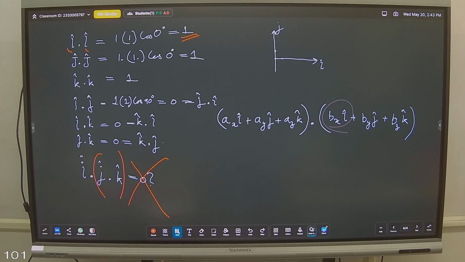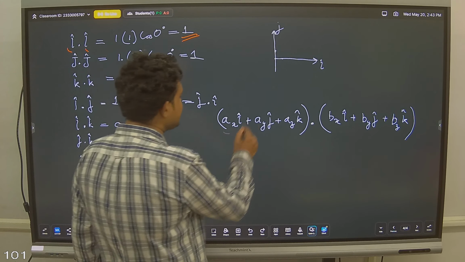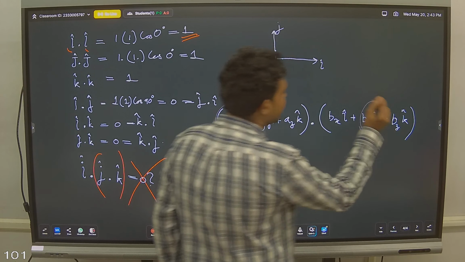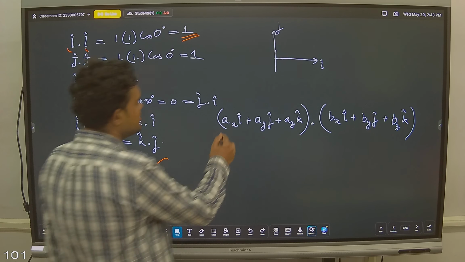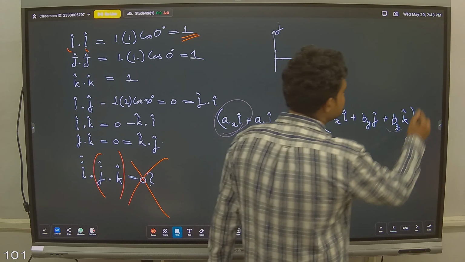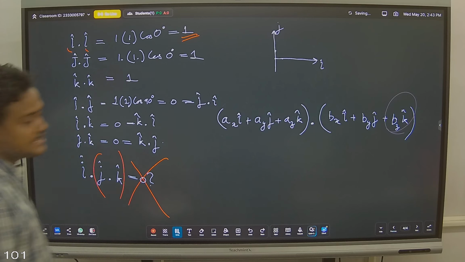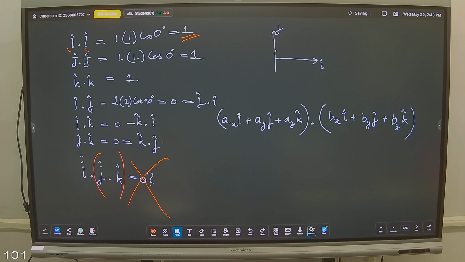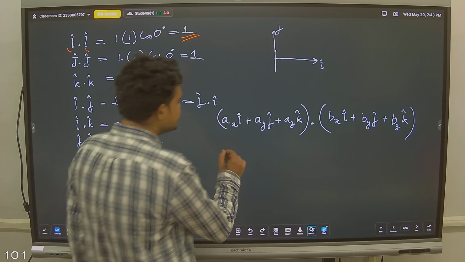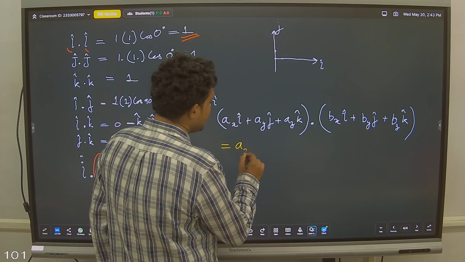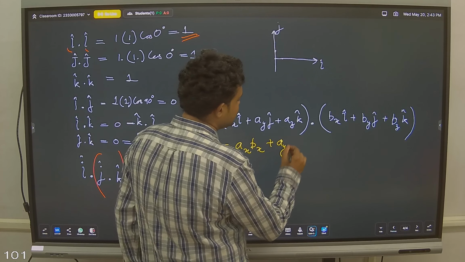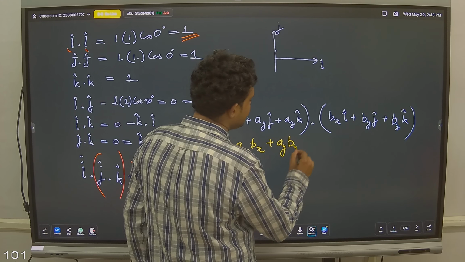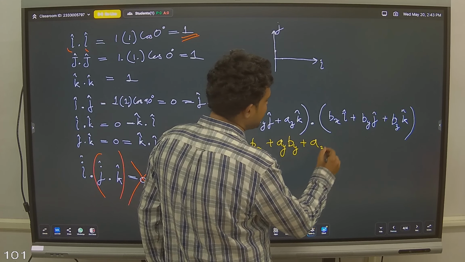What is it? ax bx, right? What is ax i cap times by j cap? 0, correct? What is ax i cap times bz k cap? 0. So did you get the pattern? This is going to be equal to ax bx plus ay by plus az bz.